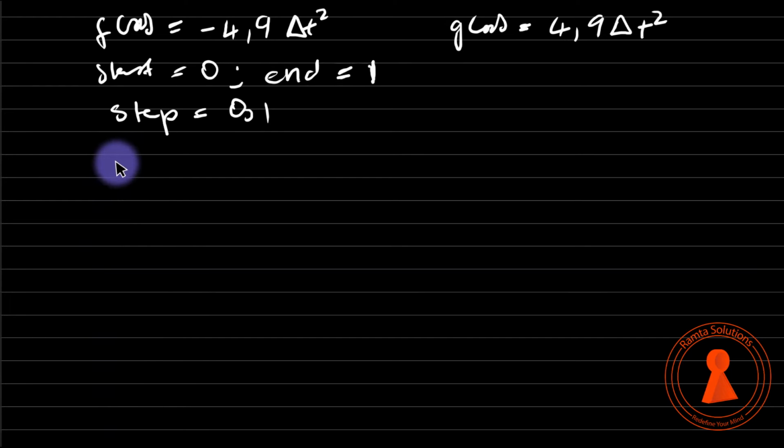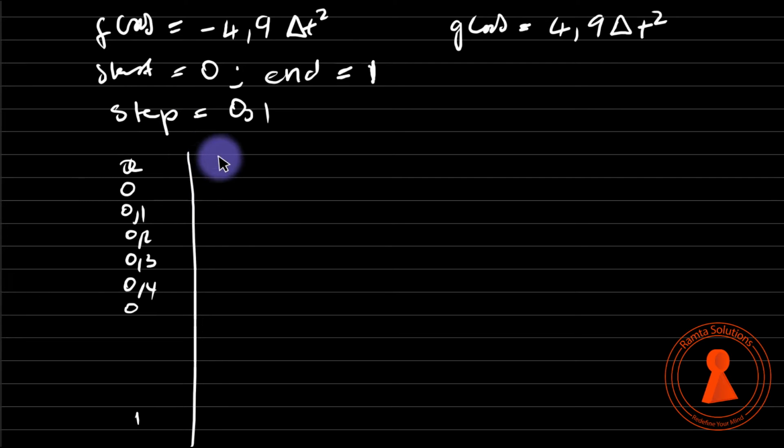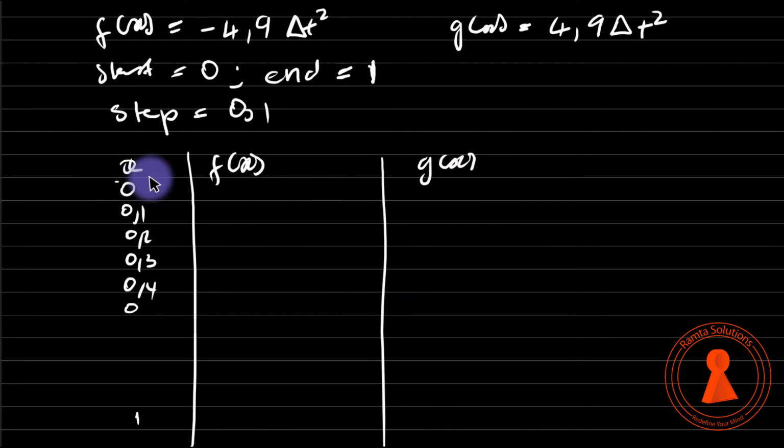And see what you will be getting. You'll be getting x: 0, 0.1, 0.2, 0.3, 0.4, 0.5, and so forth until 1. And then you will be getting f of x is whatever, and then g of x is whatever.